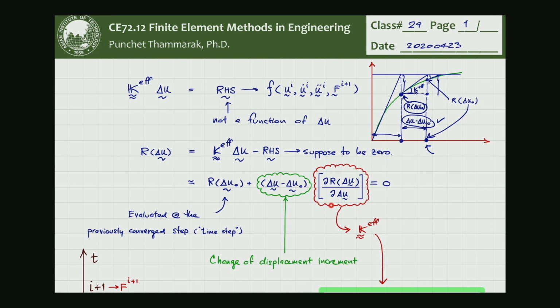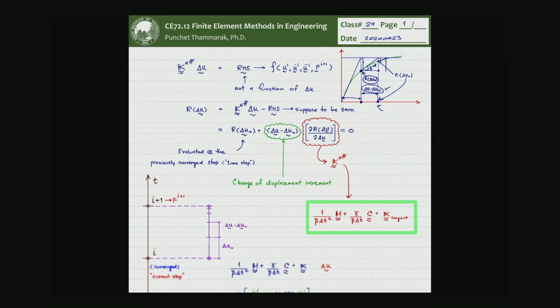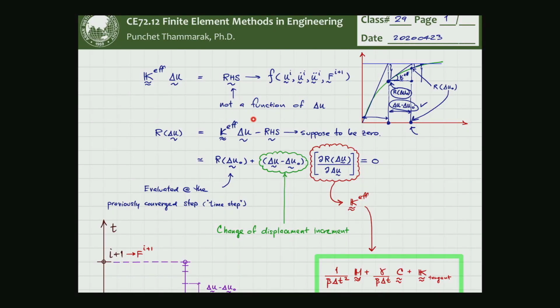You solve this equation. So R at delta U naught, evaluated at delta U naught, which is the point that you just get from the step before, right? What is inside that R is K effective delta U minus the right hand side. So at the very first step, the delta U has to be 0, right? And we're going to see how things work in detail for each variable.